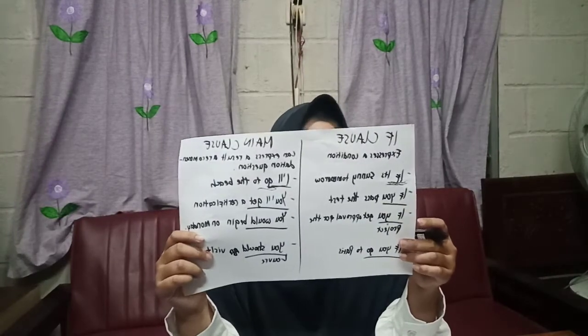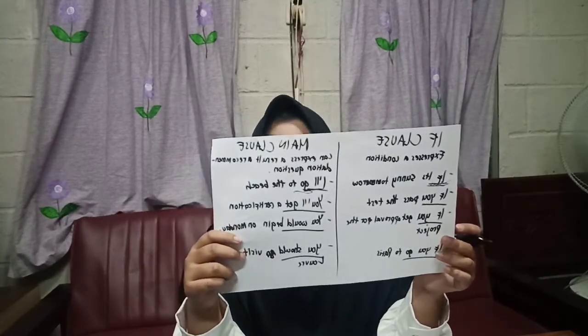The last one, I will give you an example of an if clause that you can use for advice or recommendation. The example is, if you go to Paris, you should visit the Louvre. It is a place in Paris. That's a recommendation from you.